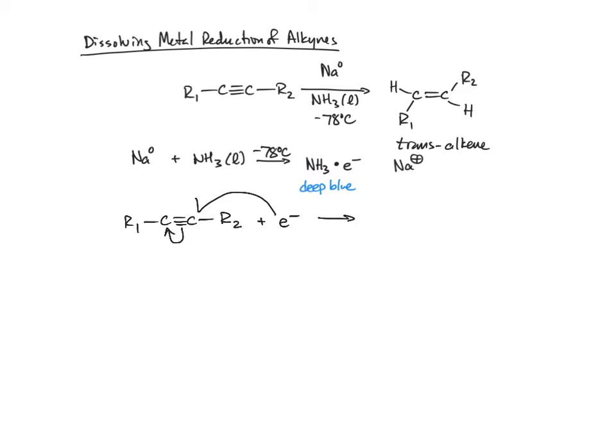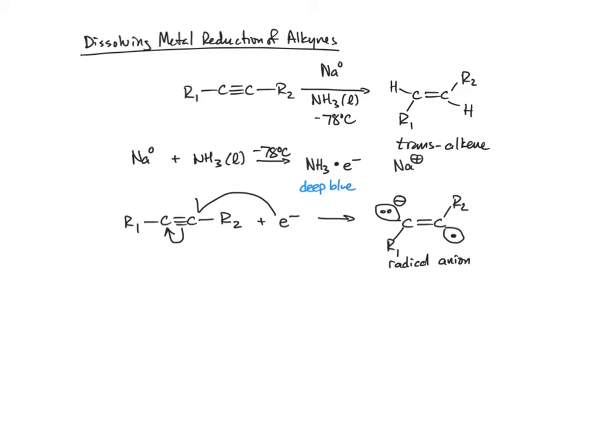If we consider that addition of the electron across a pi bond, it is at that stage where we form, so there's our single electron, this species, which is called a radical. So an unpaired electron with a negatively charged carbon. So this is a radical anion. There's our negative charge that's conserved.